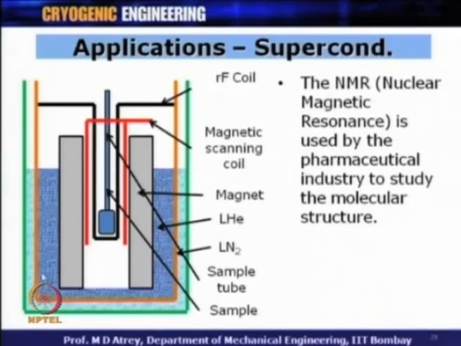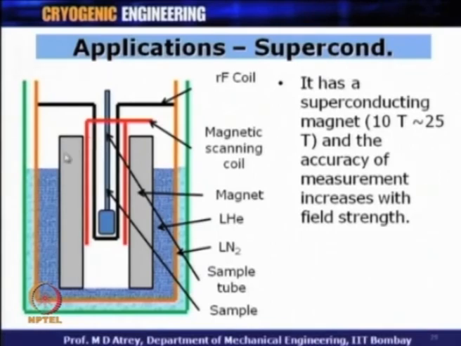If you have seen any NMR facility, you can always see that it will continuously require liquid nitrogen or liquid helium in order to keep these superconducting magnets in a superconducting state all the time, because slowly the liquid helium level will start going down, and therefore we need cryogens to be supplied all the time. The magnetic field generated by these is around 10 to 25 Tesla.